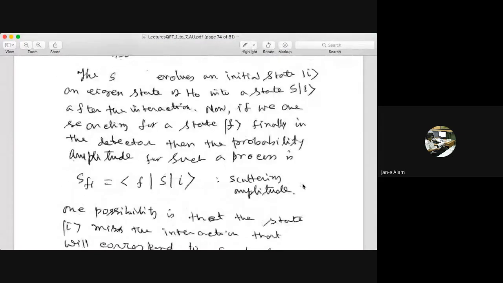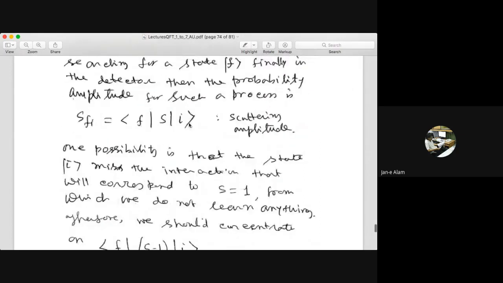And suppose in the detector you are searching for a state F, then this matrix element F S I will give you the scattering amplitude. That is what we are going to calculate.